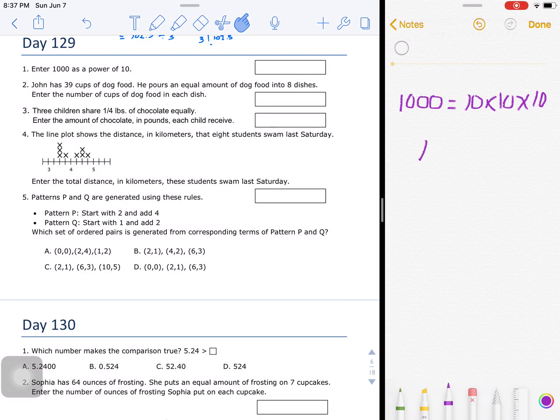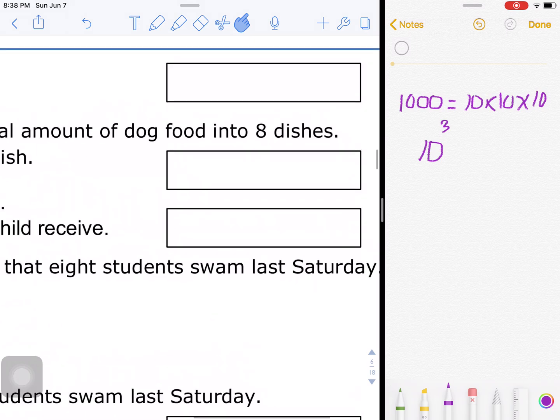And to write that as a power of 10 would be 10 to the third power, because 10 is a factor 3 times. And it is the only factor. So, next problem.